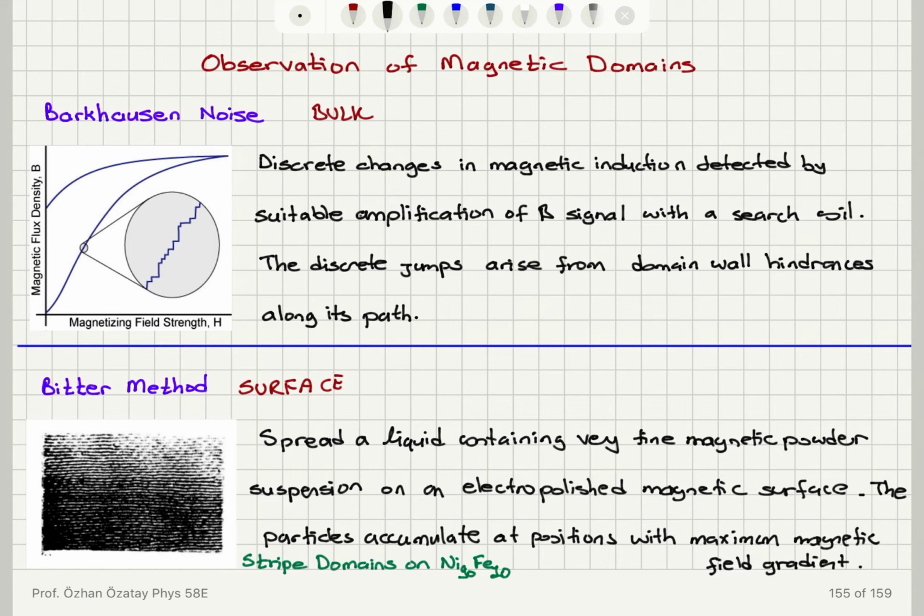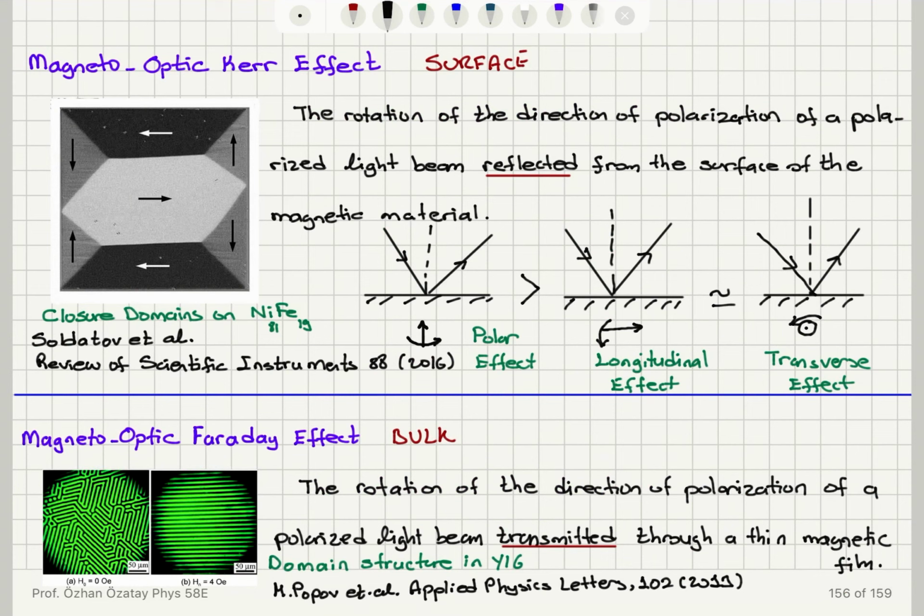We can use a colloidal suspension of ferromagnetic particles on an electropolished film, which removes strains that reduce the magnetic domain sizes. And we can see nice domain wall structure on the surface of the film.